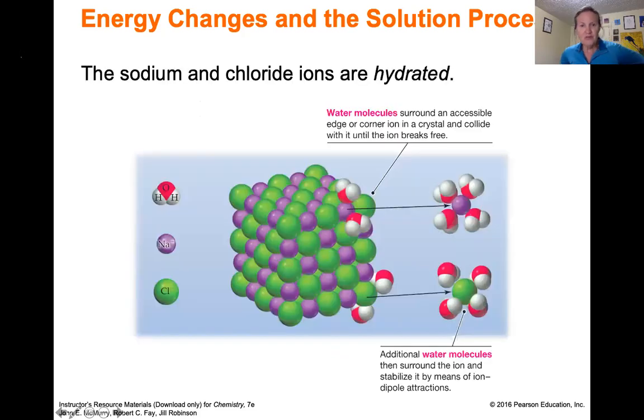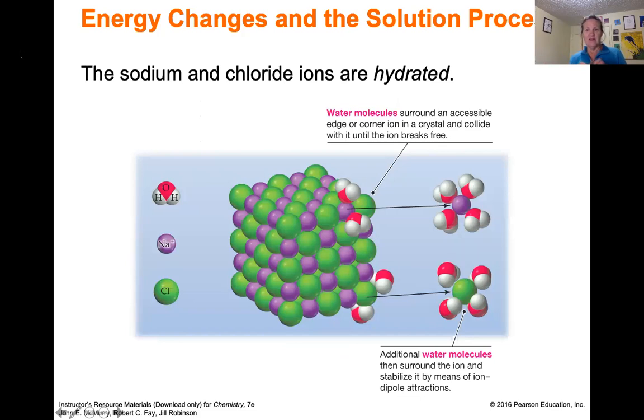So when you have water and salt, in order for the two to mix, you have to separate all of the ionic bonds. The last slide showed this in a different way, and then completely surround each of those ions with water molecules. And you see they're oriented in different ways.